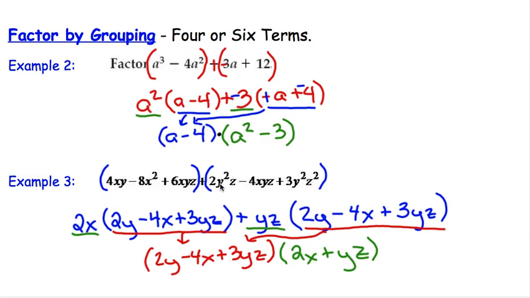To get 2y squared z, that's your 2y times the yz. Negative 4x times yz is this middle part right here. And 3yz times yz is your 3y squared z squared. Again, you don't want to FOIL it or multiply it back out because this part right here is my answer.